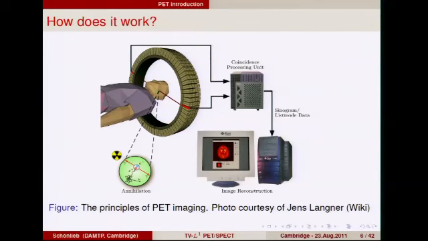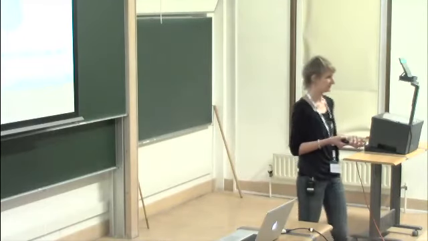As a patient, you go to the doctor and you get injected a radioactive tracer, which walks through your body, let's say, and it concentrates in regions of organic tissue which are of higher metabolism, which are higher activated.